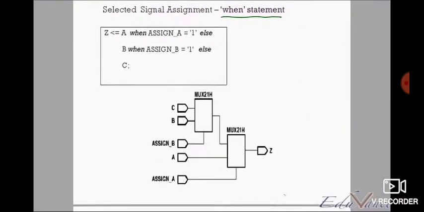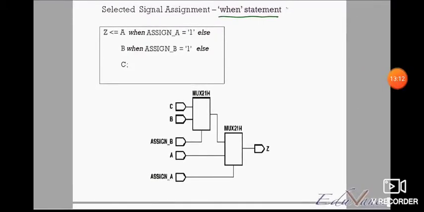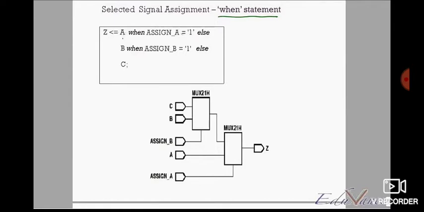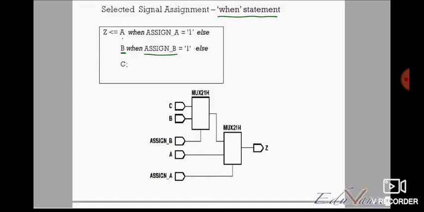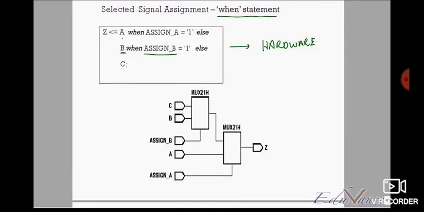The first style of writing conditional assignments is the when-else statement. Basically, this is the syntax. Z is assigned A when the signal assign A is 1, else Z is assigned B when the signal assign B is 1, else the default value is C. So now let's think what will be the hardware. You would effectively get a series of 2:1 multiplexers.